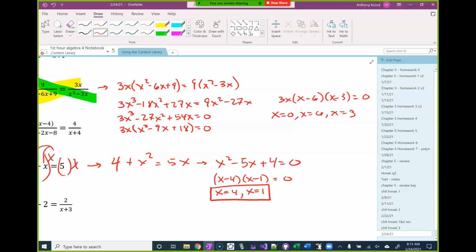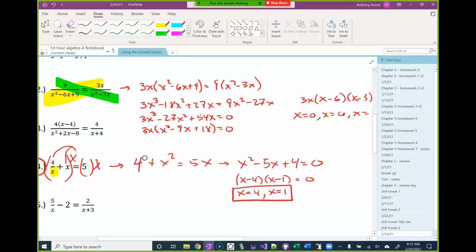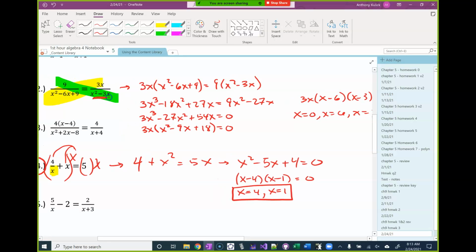Are you okay there? But we still need to check. When I plug 0 into this denominator, I get 0 minus 0, which is 0. So I'm going to discard that one. Let's do that in a different color, maybe.